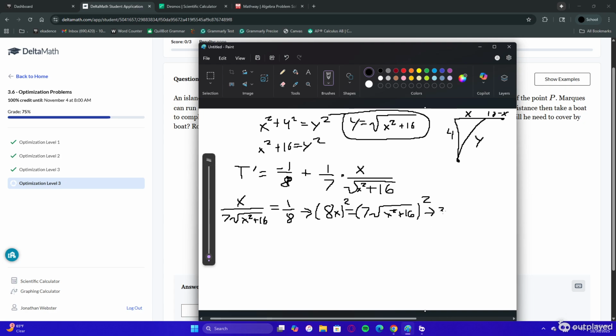So we'd get 64 x squared is equal to 49 times x squared plus 16. And if we just simplify that out, we get 64 x squared is equal to 49 x squared plus 784. And if we move the x squares to one side, we get 15 x squared is equal to 784.